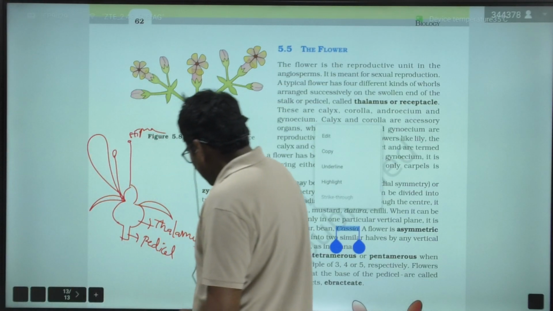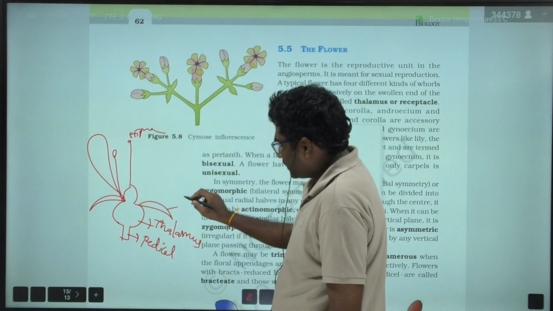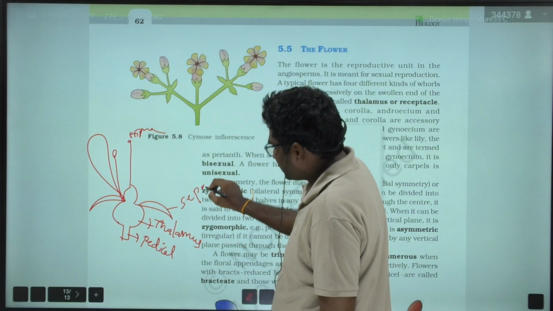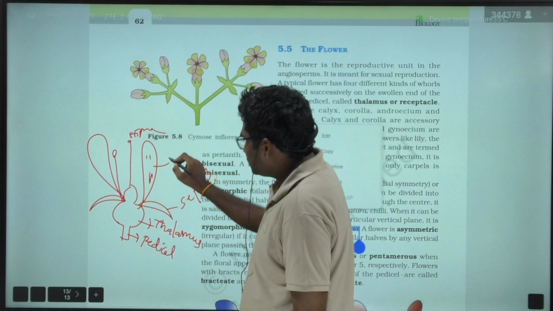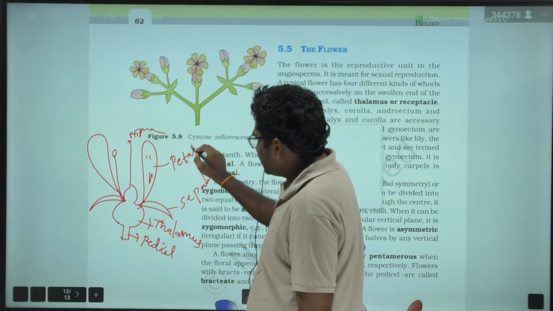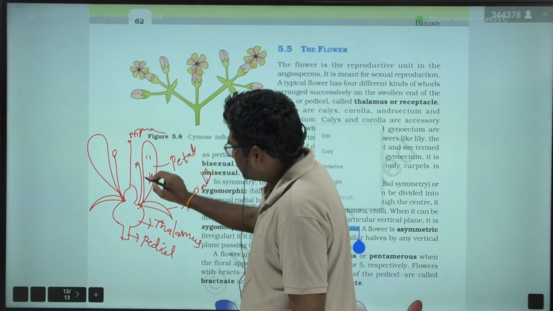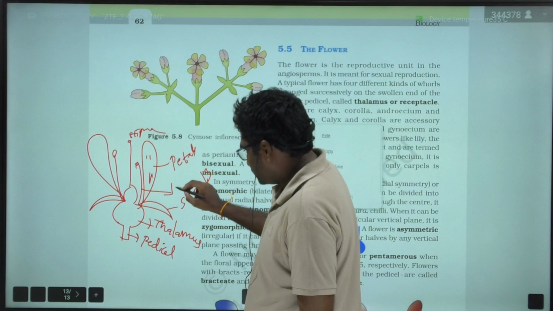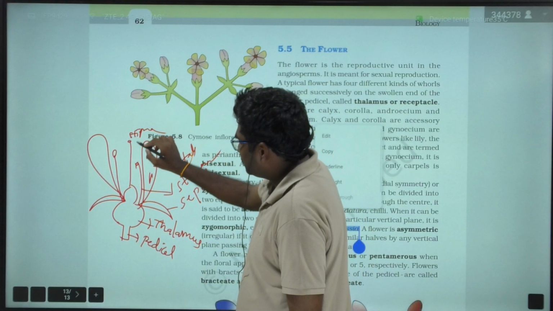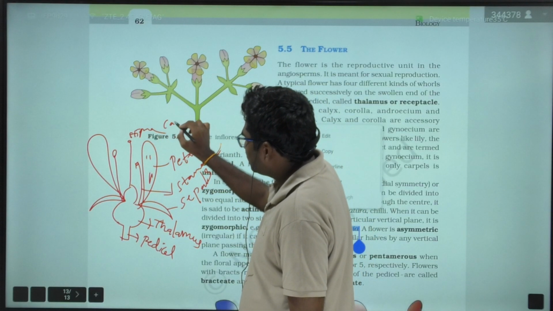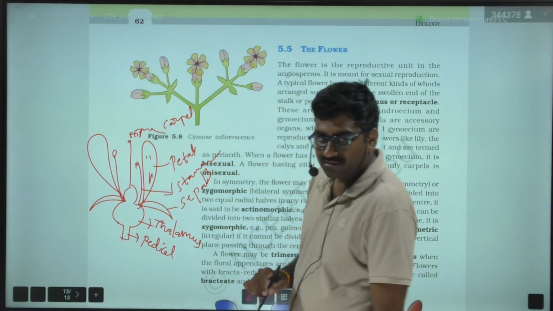The unit of the calyx is known as sepals, the unit of the corolla is known as petals, the unit of the androecium is known as stamen, and the unit of the gynoecium is known as the carpel or pistil.